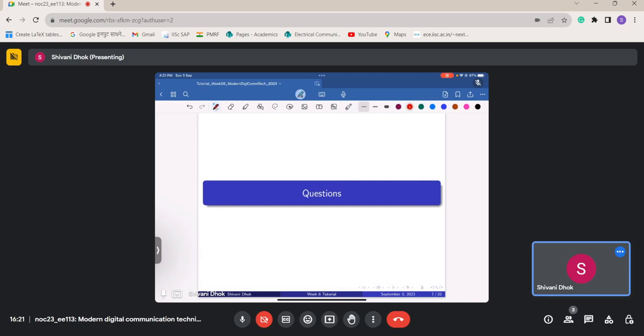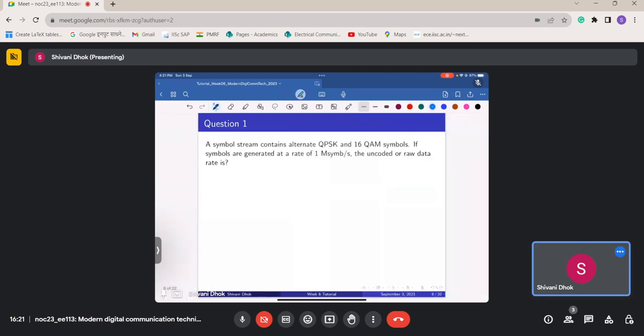Okay, if there are no questions, then let's start to solve. So this is the first question that we have here. It says that a symbol stream contains alternate QPSK and 16 QAM. What do we mean by QPSK? Q means quadrature. So it means that I am having 4 constellation points in a PSK, something like this.